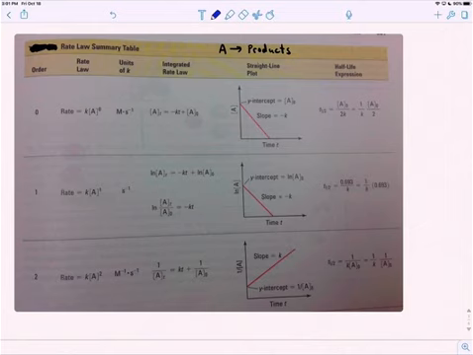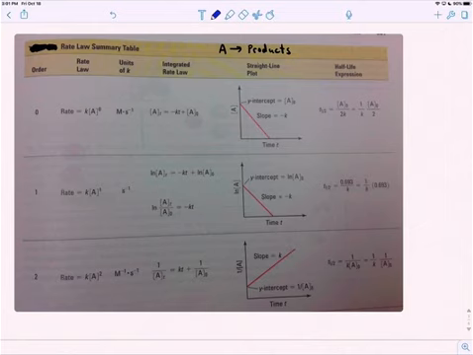And plotting natural log of concentration versus time gives you a negative slope. And then for second order, the rate law is inverse of concentration equals kt plus the inverse of the initial concentration, which gives you a positive slope. So if you plot inverse of concentration versus time, you get a positive slope.